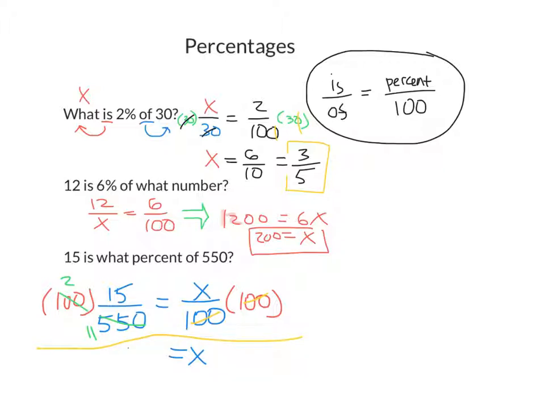So that is 30 over 11. Now I'm going to be cool with this as the answer. Now we all know that that's going to be like 2 point something, okay? But we can leave it like that. All right, so 15 is what percent of 550? Well, it's 30 over 11%, okay? So it's like 2 point something. All right, so that's how that works.